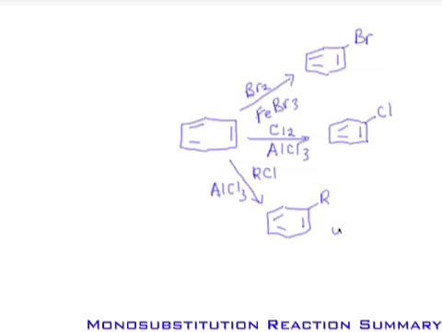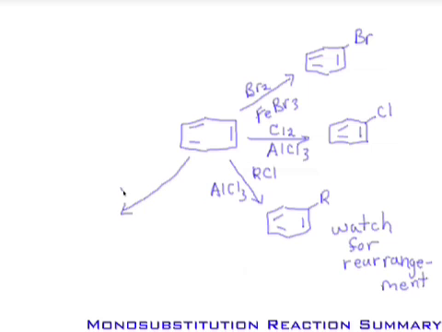But watch for rearrangement. We can take RC double bond O Cl and AlCl3.